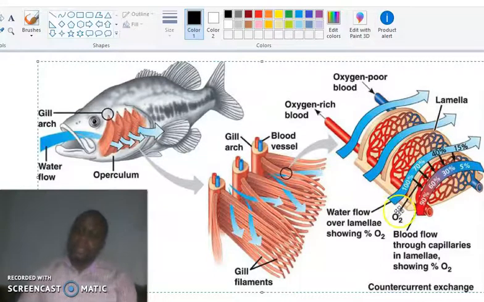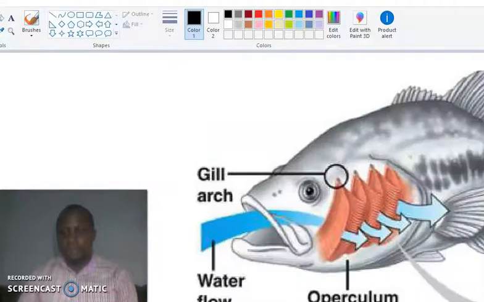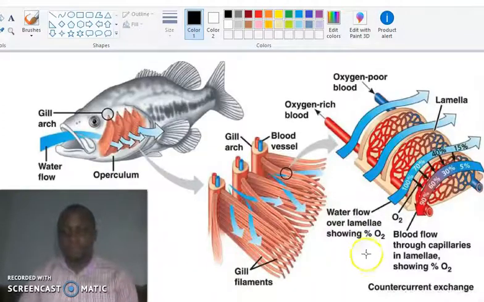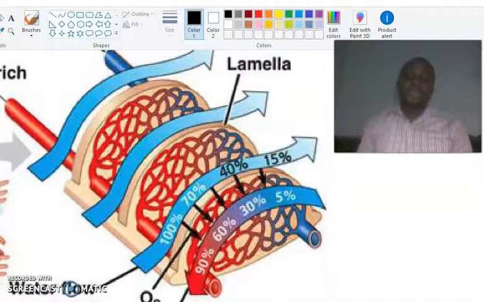Let us have a look at this particular diagram. I'll zoom in. For us to understand the concept of counter-current flow, you have to pay attention to this diagram.